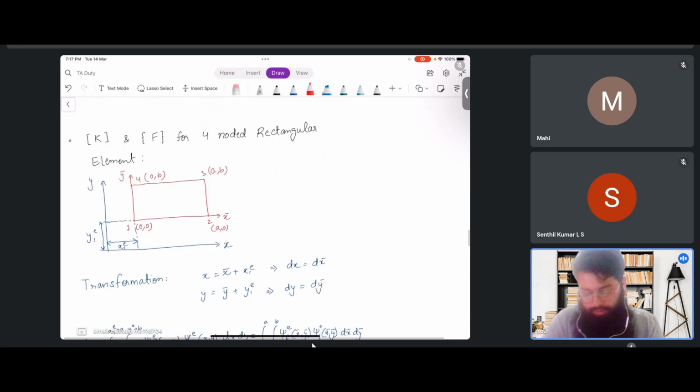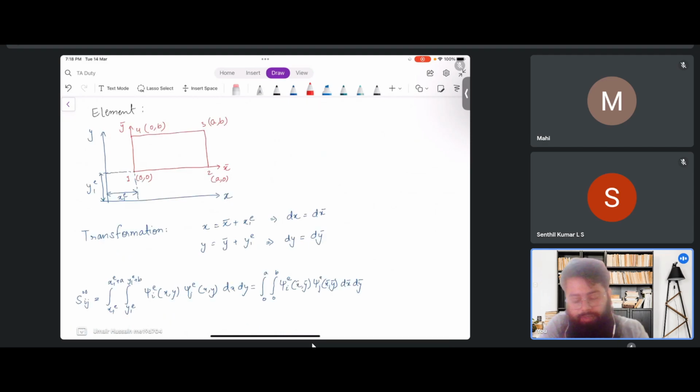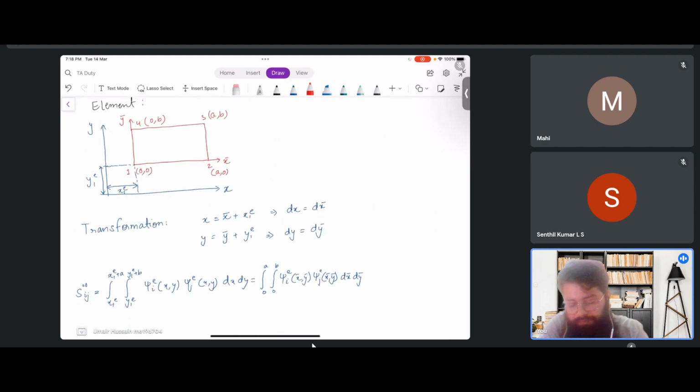For the rectangular element, we have calculated the approximation functions for a specific type of rectangle whose origin was at 0, 0, but that may not be the case every time, so we need to transform our given coordinate system to this coordinate system, though it's still only for a rectangle. Suppose we have some given coordinate system x and y here.